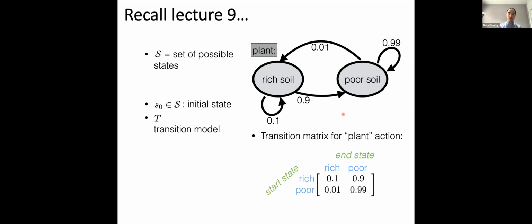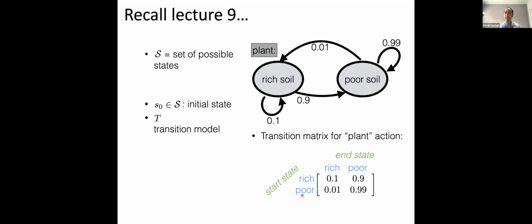So for example, the transition distribution for the plant action, if you were to take the action of planting, then if you started out in a rich soil state, with probability 0.9, you're going to end up in a poor soil state.